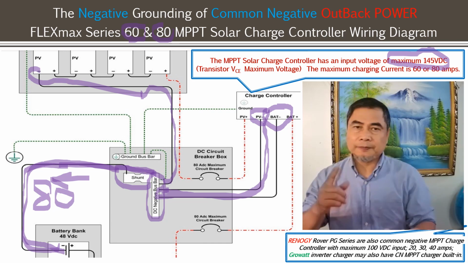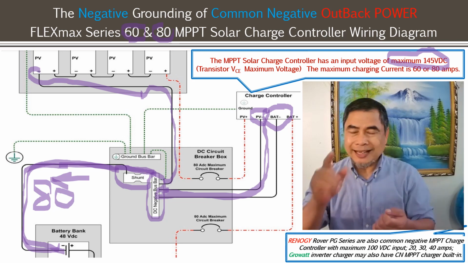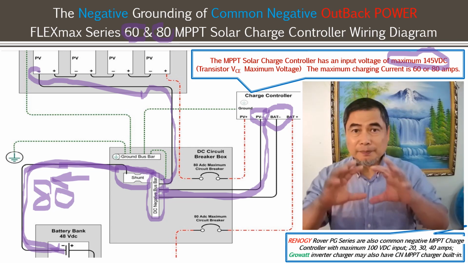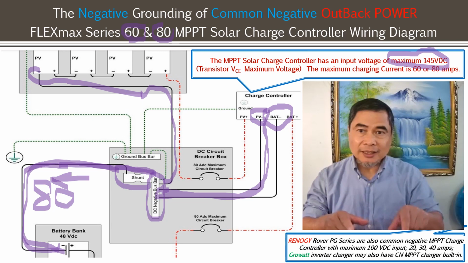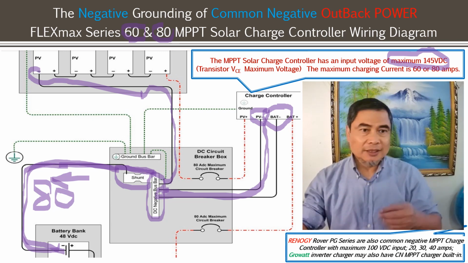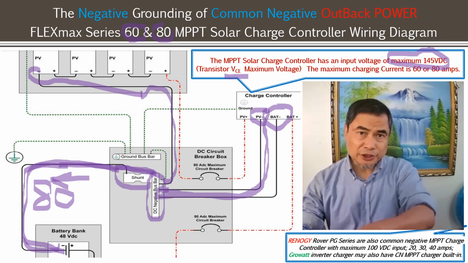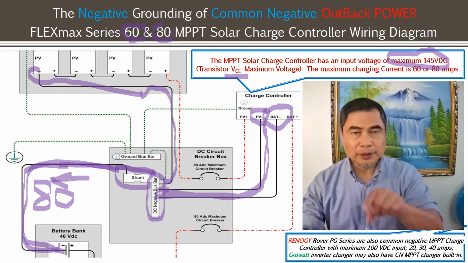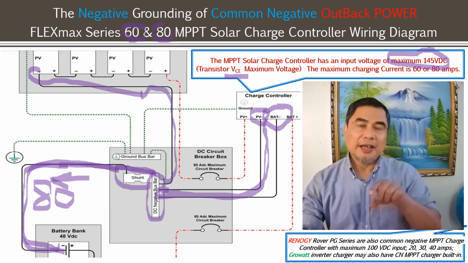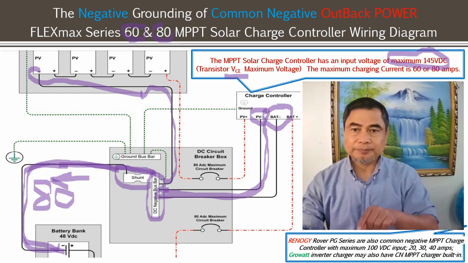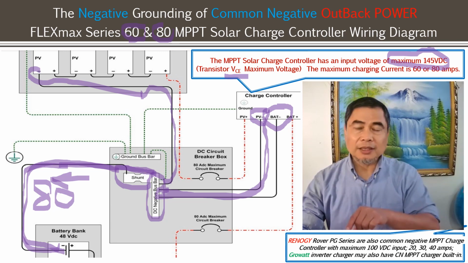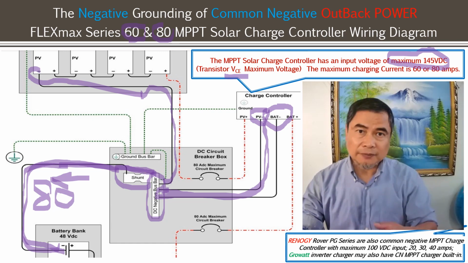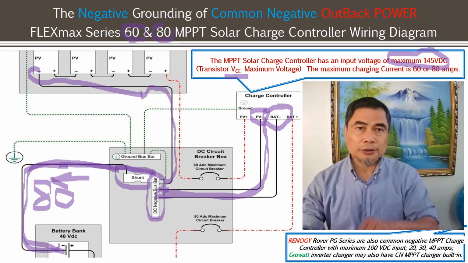But as I can see here, this is the maximum voltage inside the transistor. It's the terminal VCE, collector to emitter. That terminal has a maximum voltage, normally 150 VDC, and it's conservative, for safe operation of the MPPT solar charge controller, so they limit it to 145.